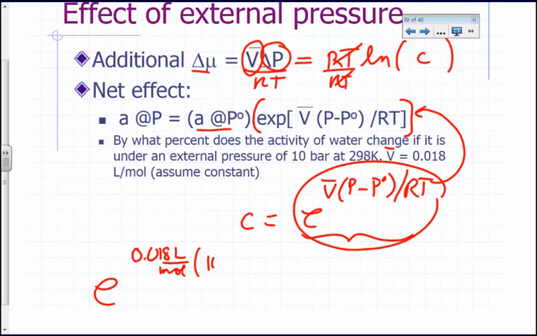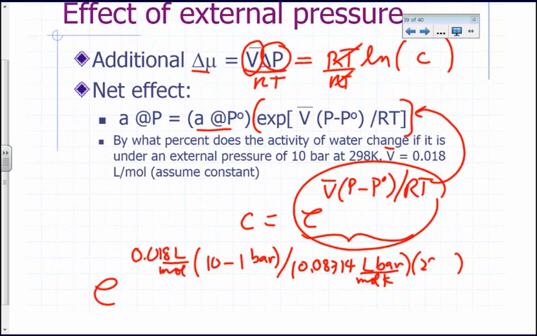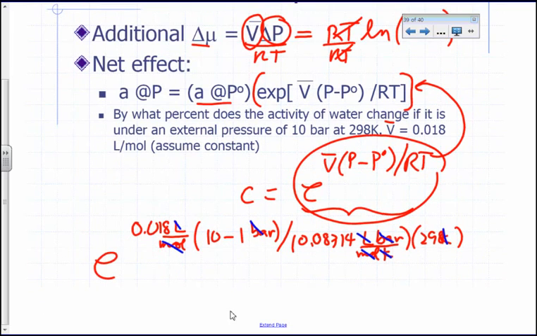Delta P would be 10 bar minus 1 bar, divided by R. Since this is liter bar, we use 0.08314 liter bar per mole Kelvin times temperature of 298 Kelvin. So Kelvin cancels out, mole cancels out, liter bar cancels out, so that quantity is unitless.